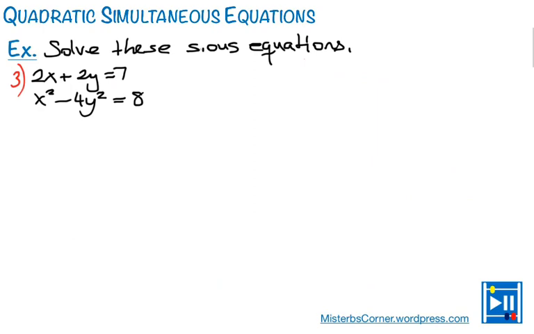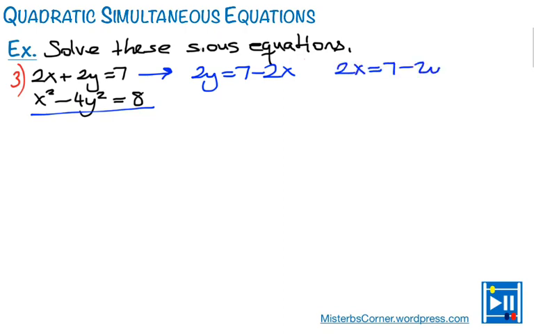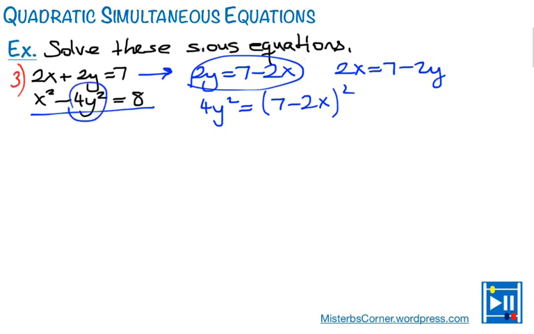Right, let's look at this one. Here, of course, I'll rearrange this one. It's going to be 2y equals 7 minus 2x, or if you'd like, 2x equals 7 minus 2y. Now, I'm going to choose this because I know if I take the square of both sides, I'm going to end up with 4y squared equals 7 minus 2x squared, and I have 4y squared here.